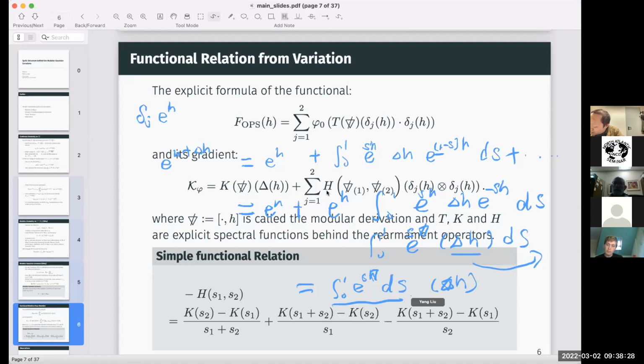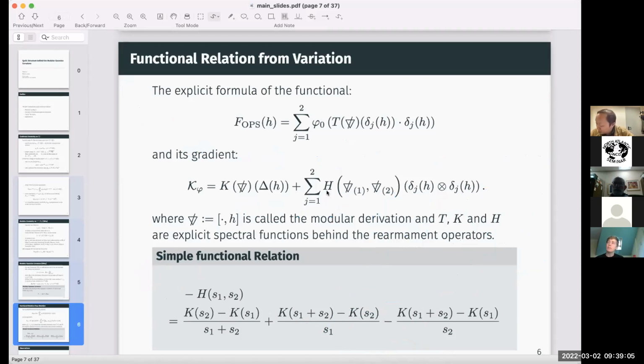Once you integrate in s, you have e to the nabla applied on delta of h. The underlying function is e to the x minus 1 over x, right? This is well known as the Duhamel formula. Then you have such a rearrangement operator floating around. They constitute the so-called quantum part of this modular curvature.